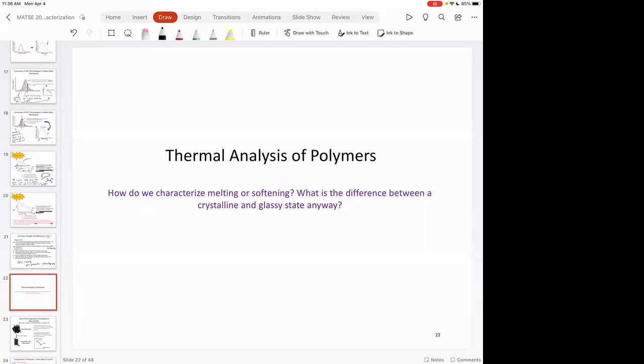When we talk about thermal analysis of polymers, what are we really trying to measure? What are some important thermal properties of polymers that we really want to get a handle on? Elasticity? That's not a thermal property, that's a mechanical property. Yes, Tg. What else?